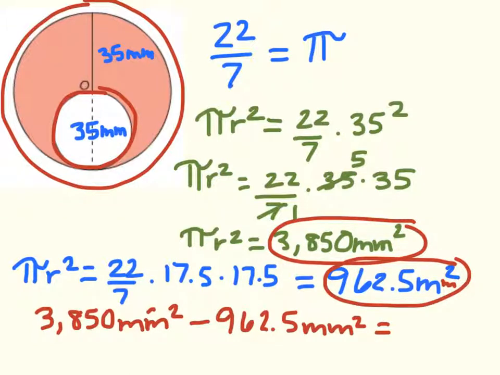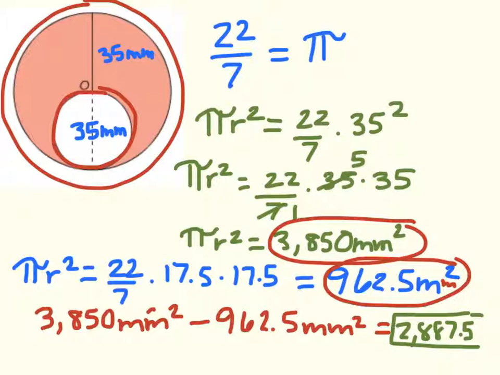The difference between these two will give us the overall area of the pendant, which is 2,887.5 millimeters. Sorry, I ran out of space to write down our units there. So 2,887.5 millimeters squared is the area of the pendant.